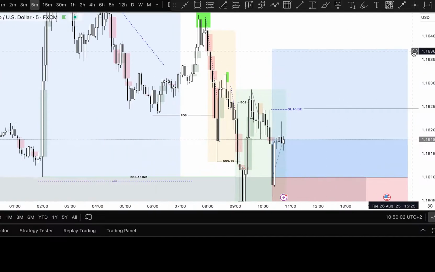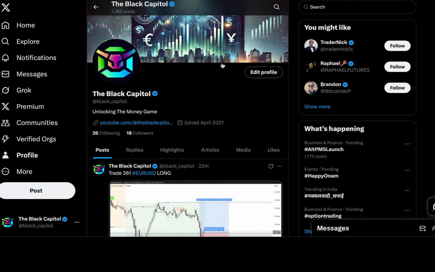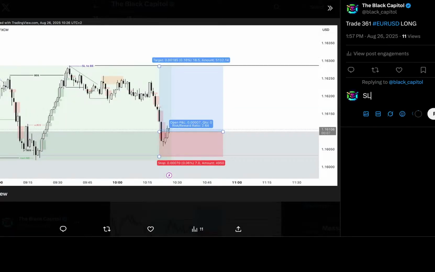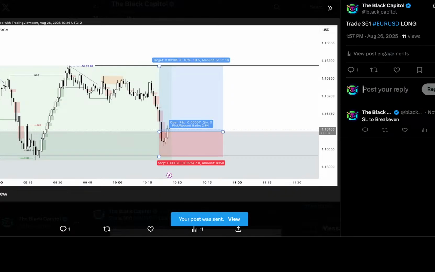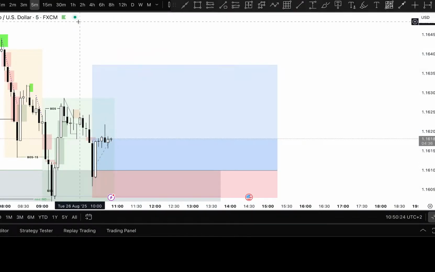So I am putting the Euro USD SL to break even. Oh yes. Let us see what's happening now.